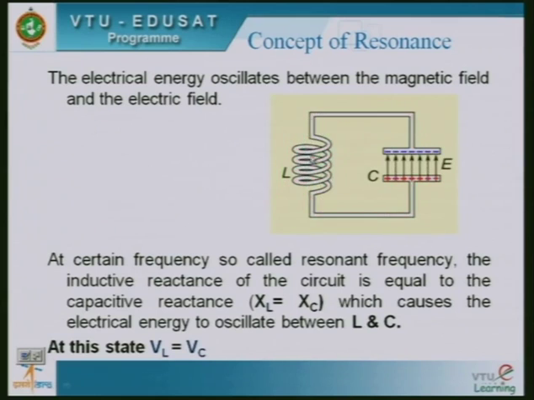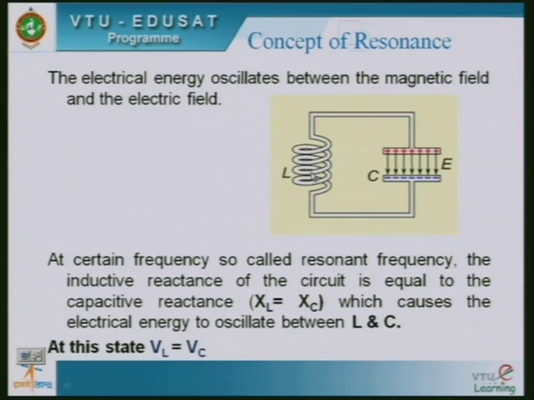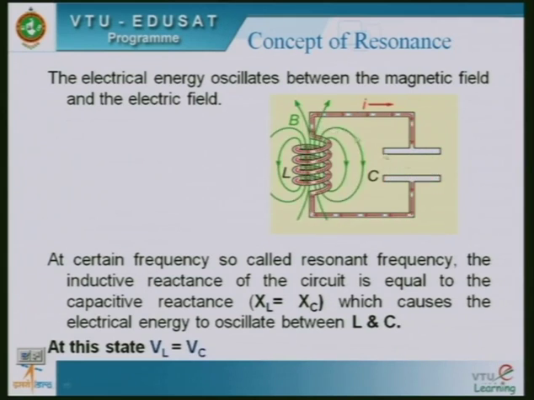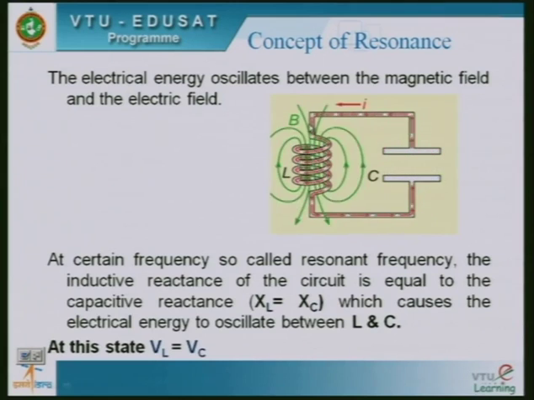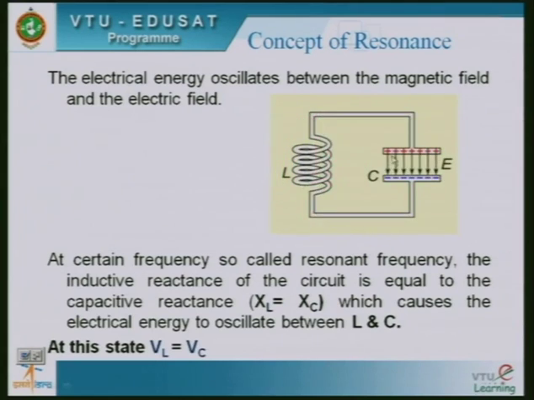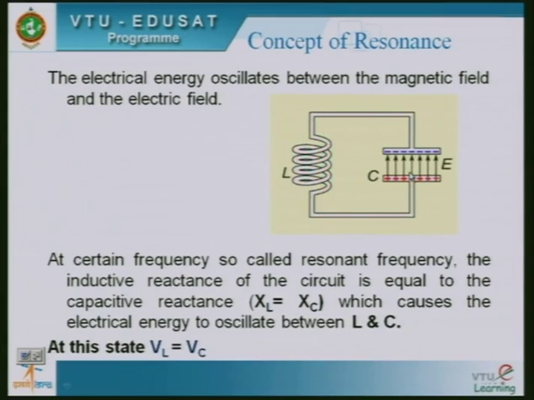I will repeat, the magnetic field generated in the inductor is due to the current provided by the discharging capacitor. At the same time, the capacitor stores the energy in the form of electric field by the current produced by the inductor, the collapsing magnetic field.